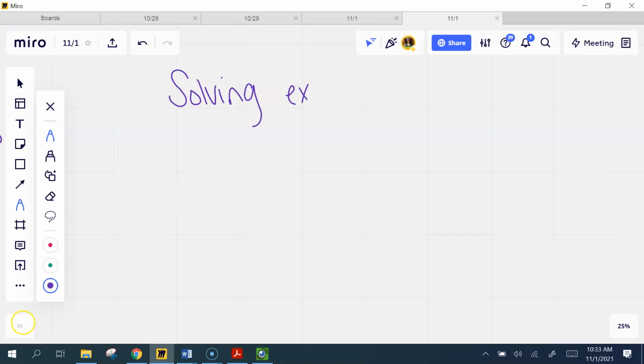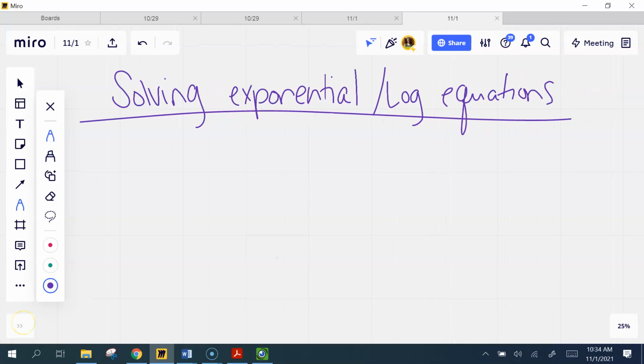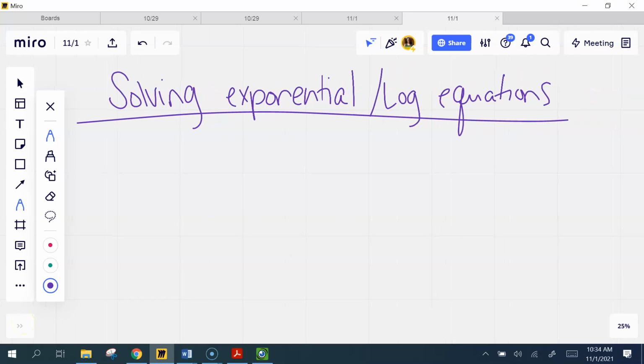So we're going to talk about exponential and log equations. Let's start with exponential.